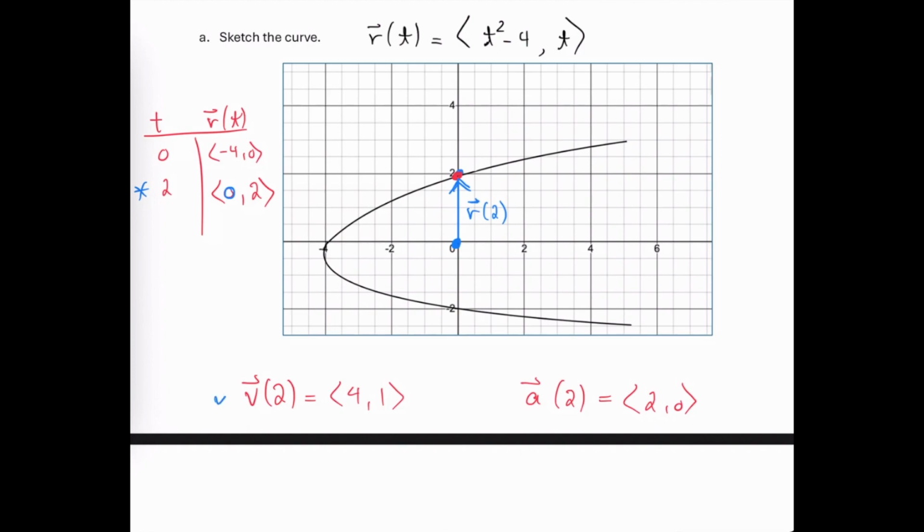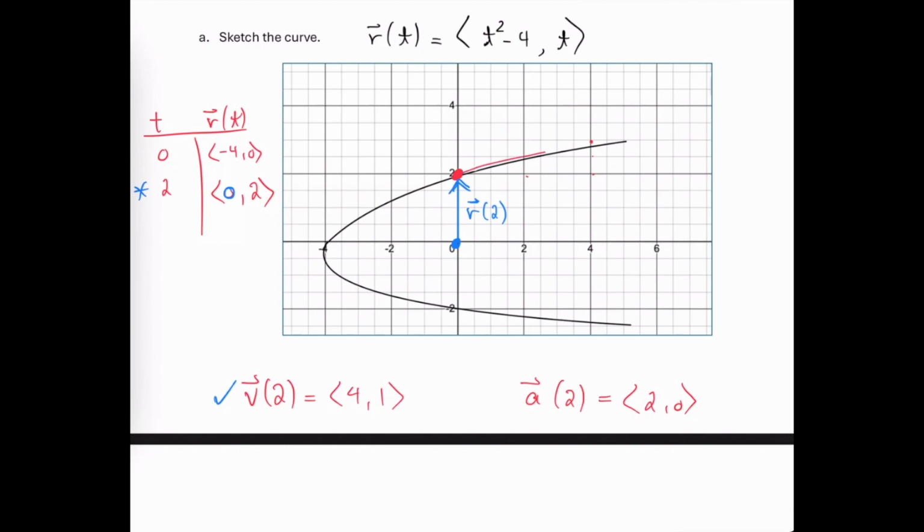So let's look at our velocity vector and graph it as if it were originating at the position of the particle. The velocity vector is describing the direction and the magnitude of the movement of the particle at that time. If we have the initial point of our velocity vector at the position of the particle, then we're going to move 4 units in the direction of x and 1 unit in the direction of y to get the terminal point of my velocity vector.